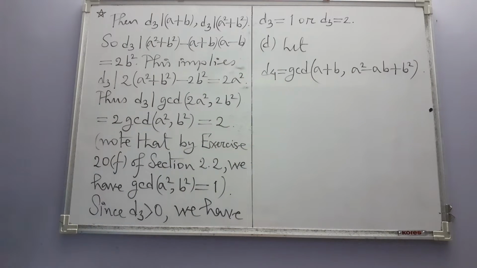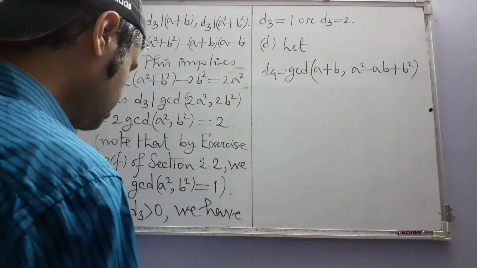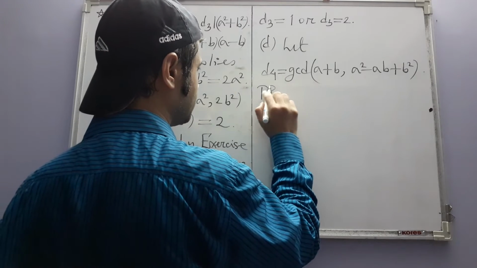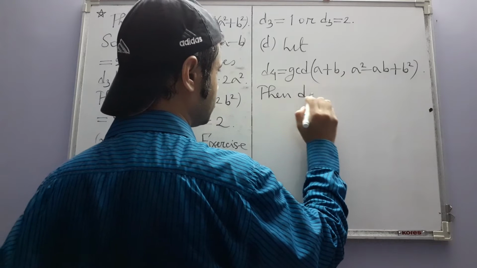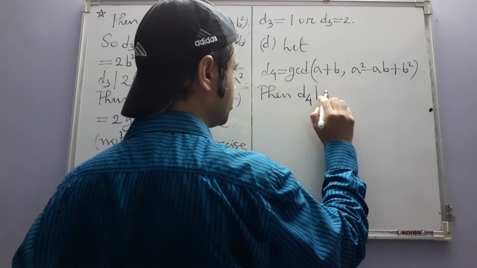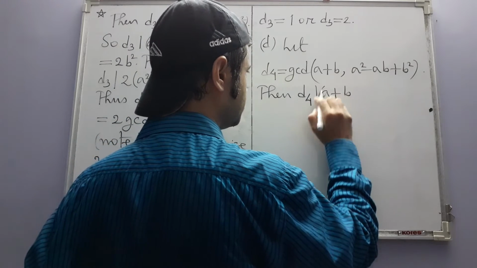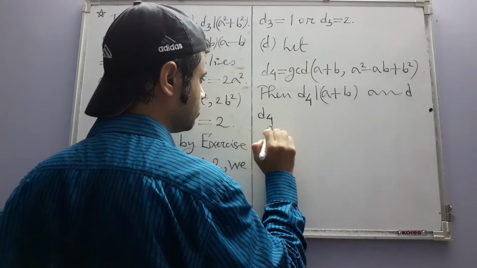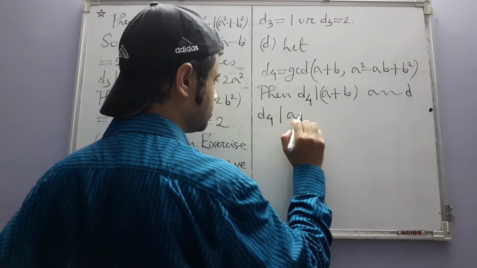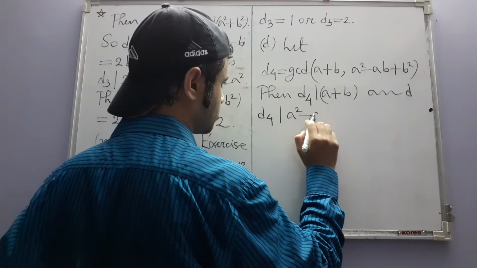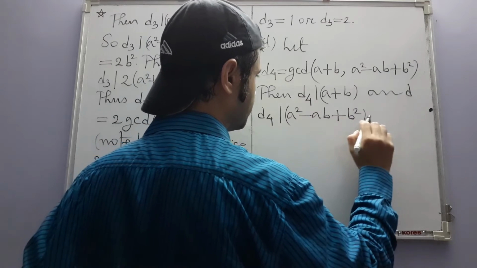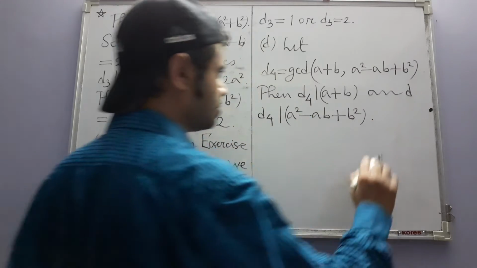Okay, so this is our D4. Then D4 divides a plus b, and D4 divides a squared minus ab plus b squared.